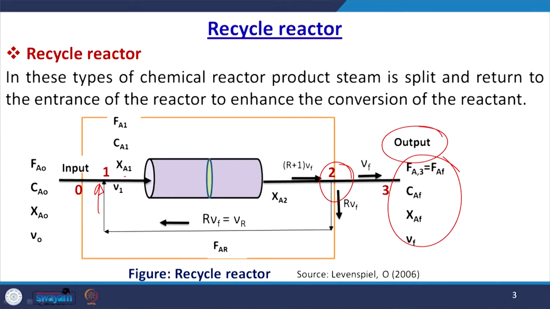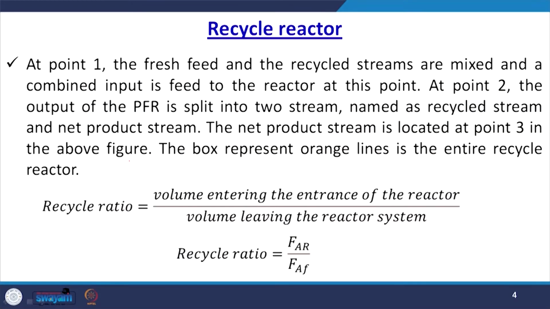So, other things are always the same, like feed rate, concentration, molar conversion, etc. All these things remain the same, and we have designated them with their respective notations here. Now, at point 1 we are feeding the fresh feed, and the recycled stream is mixed with it, and the combined input feed goes to the reactor at point 1. Here you have to look into a couple of points.